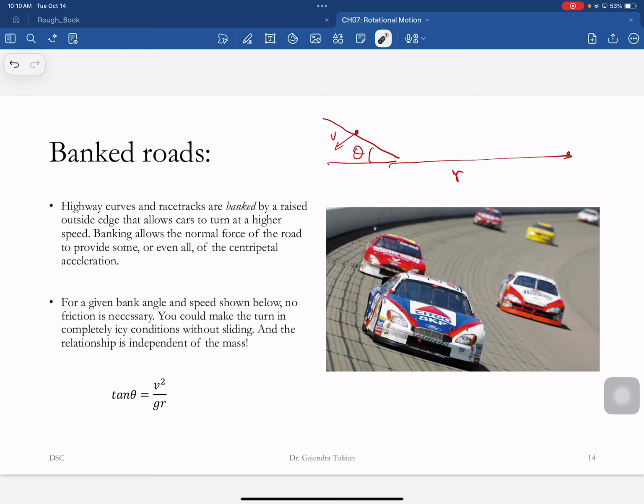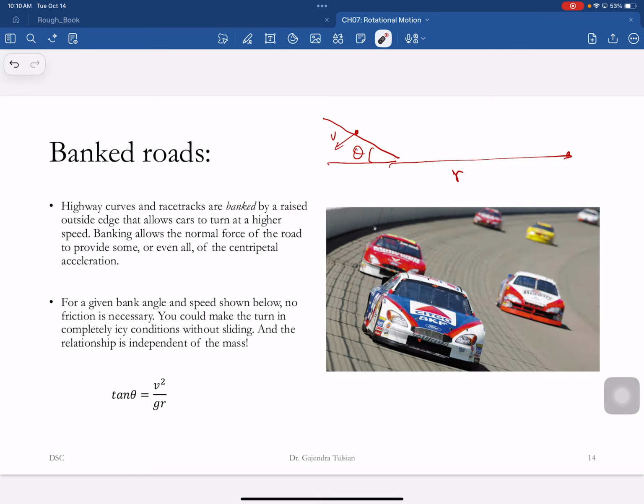That equation is the same for a car, a semi, or an SUV. It doesn't matter what you're driving. It's independent of the mass. You don't have a different sign for a semi. Amazing, all right? So this is independent of the mass.